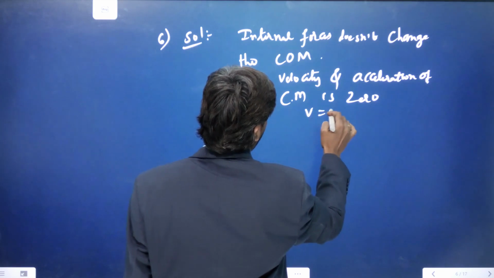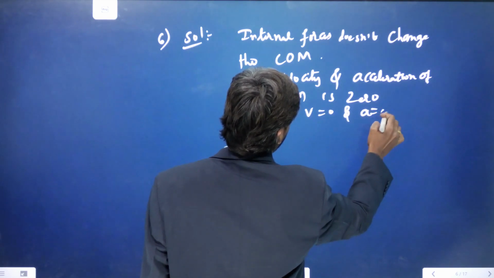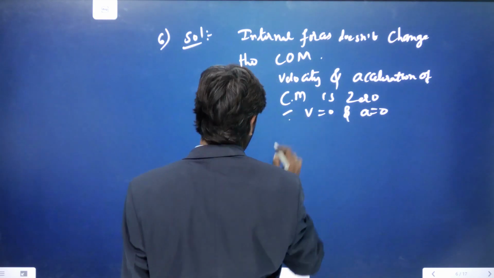Therefore, V is equal to 0 and A is equal to 0. That is the answer.